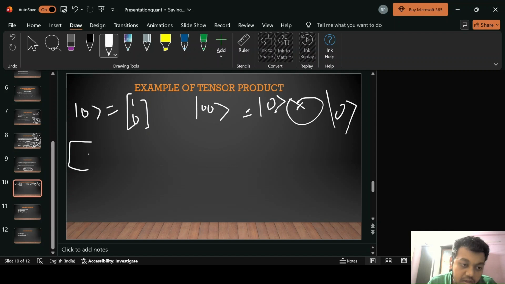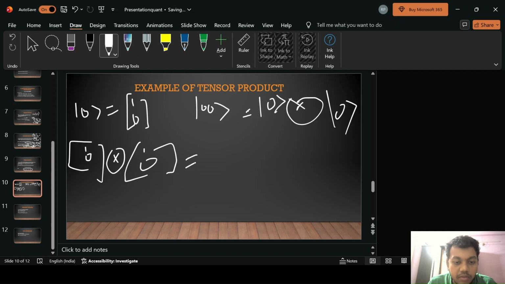So it means 1 0 tensor product 1 0 means 1 times 1 0, 0 times 1 0.